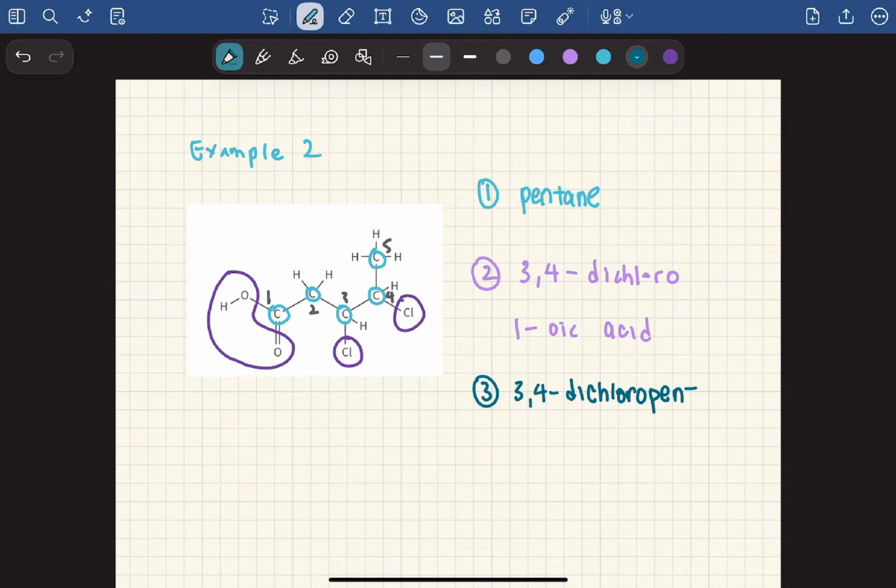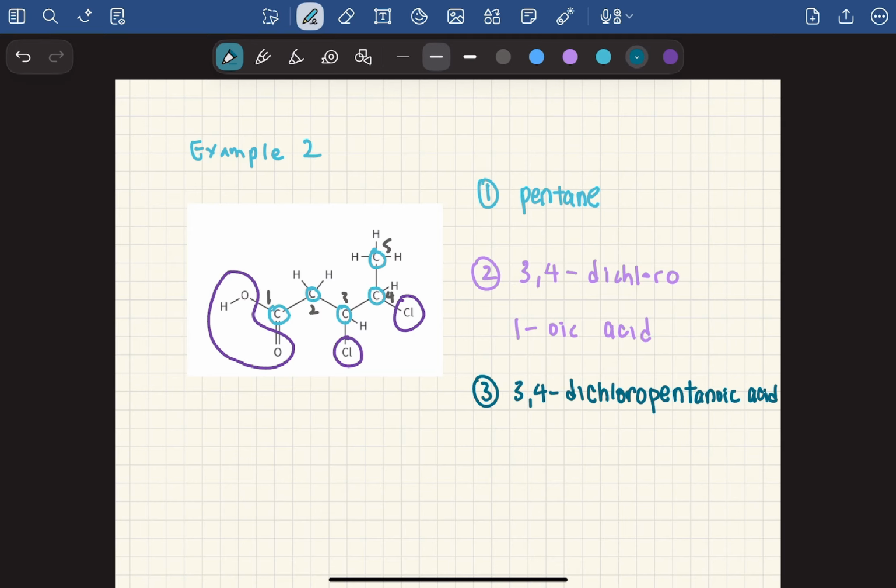But now here, be careful because you have to attach the suffix of oic acid. And carboxylic acids can only be at the ends of carbon chains, but if it's at position 1, then you don't need to specify that. And if it's at position 5, here I would add a 5. But because it's in position 1, I can directly write pentanoic acid. And that would be the name of this compound.